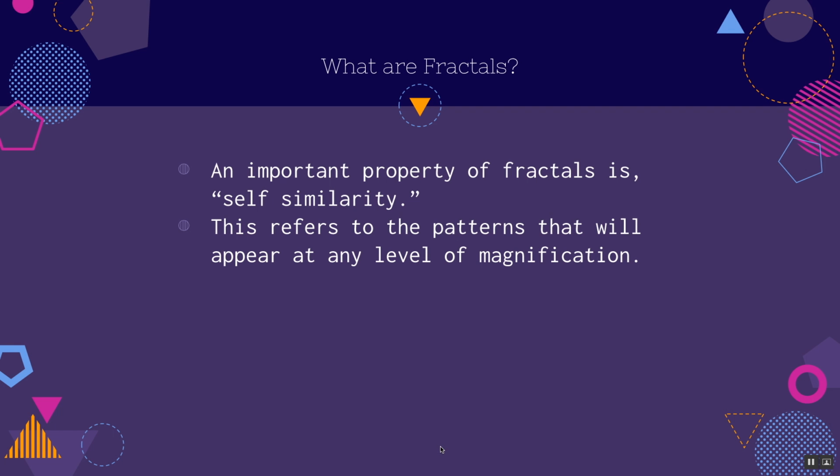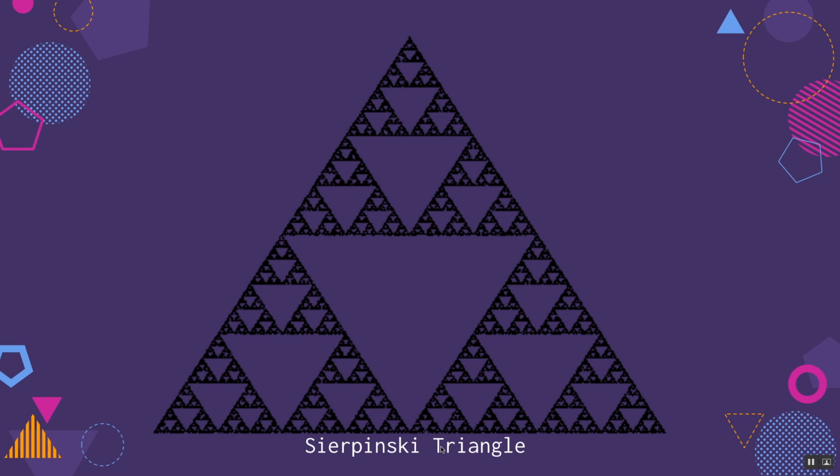An important property of fractals is self-similarity. This refers to the patterns that will appear at any level of magnification. A popular example of a fractal is the Sierpinski triangle. The Sierpinski triangle is an equilateral triangle, infinitely subdivided into smaller equilateral triangles while following a specific pattern.